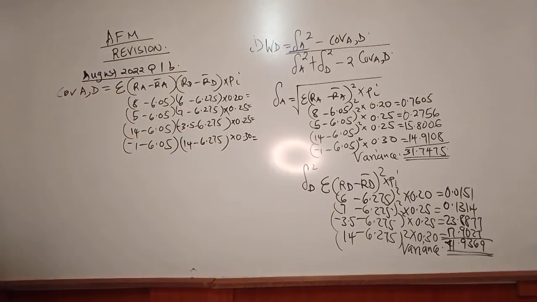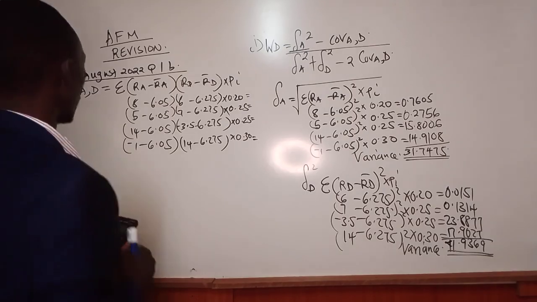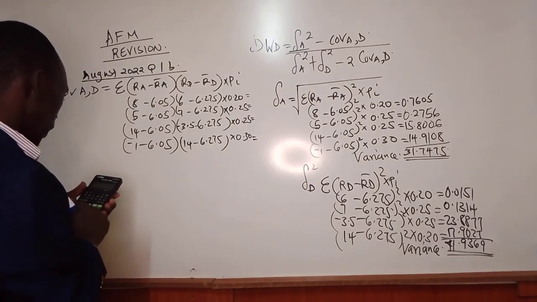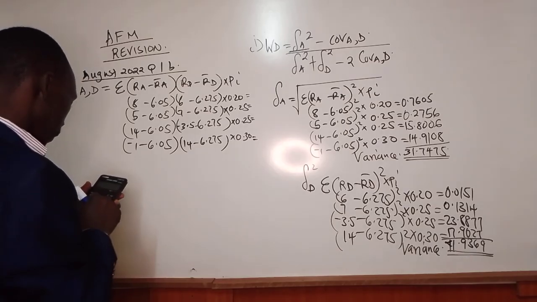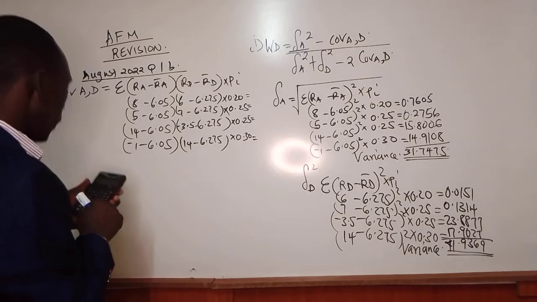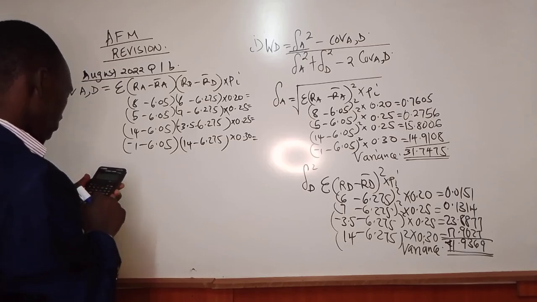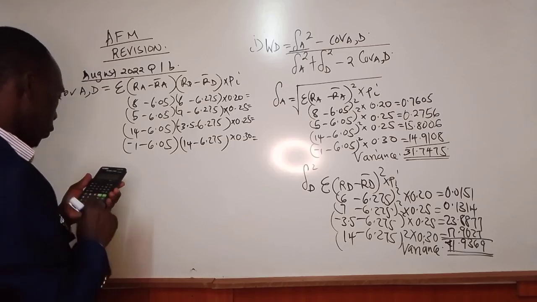So the first one, let us compute that and see how much we are getting. So it will be 8 minus 6.05. Then we had 6 minus 6.275. Then times 0.2.